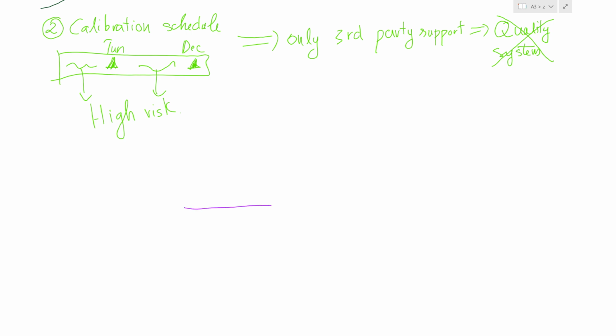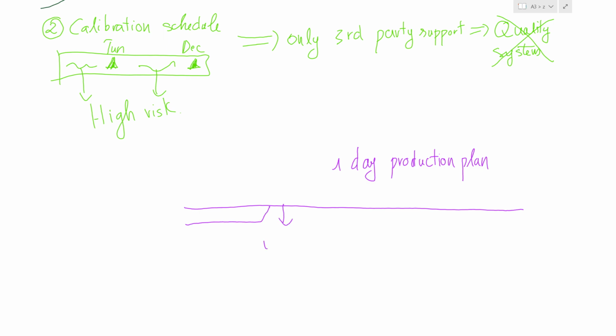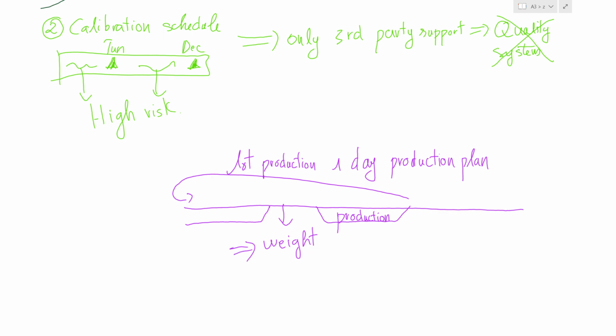For example, here is your production plan in 1 day. After you mix your material here, you need to check the weight and then you will have production here. And finally, you will come back here and do the next lot production. So good quality system means before you conduct this weighing, you need to verify your machine.